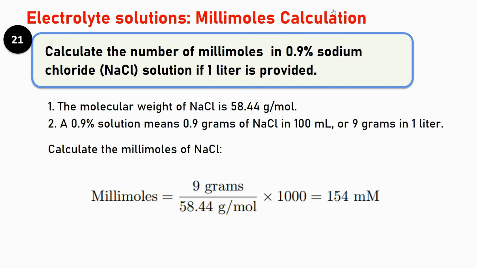So the total weight of sodium chloride is 9 grams. The molecular weight of sodium chloride is 58.4 grams per mole. If you calculate that, it comes to about 154 millimoles. So 1 liter of normal saline has 154 millimoles.